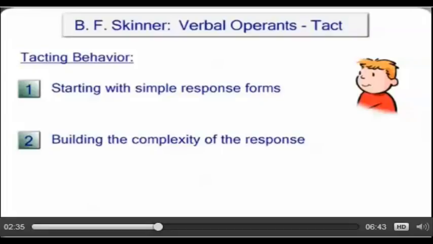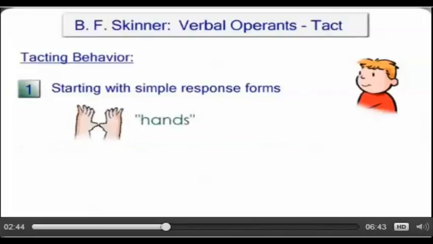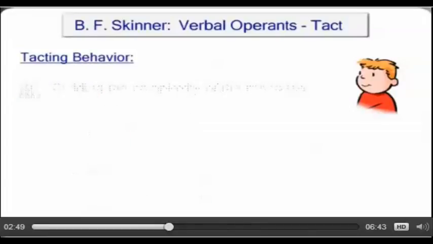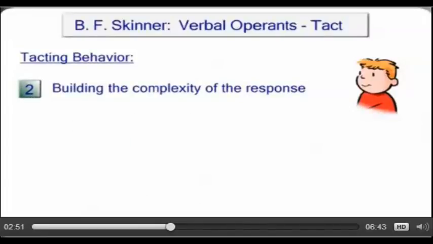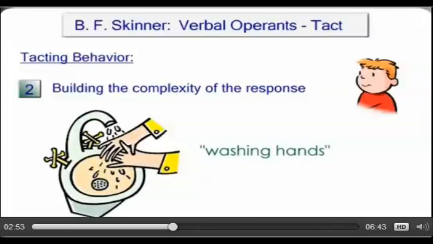Let's look at an example of how this is done. Joey is learning to tact various objects and actions. Initially, his therapist teaches him to tact objects and actions using one-word tacts. Then his therapist teaches Joey to tact both actions and objects together, using a tact frame. Later, Joey learns to tact people, and his therapist begins to teach him to tact people, actions, and objects together with a more complex tact frame.